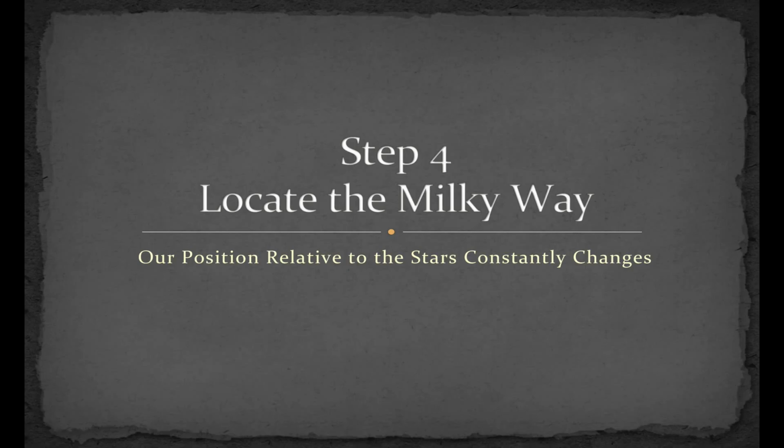Okay, so at this point, I'm almost ready to go out and shoot the Milky Way at a site. But our home galaxy, and in fact all the stars and celestial objects in the night sky, won't appear in the same location throughout the year due to the Earth's orbit around the Sun, and obviously won't remain in the same location throughout any given night due to the Earth's rotation.